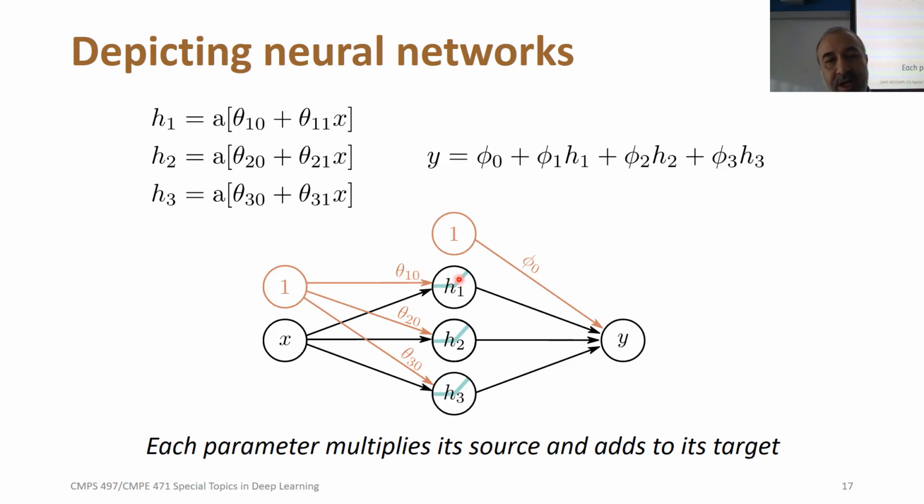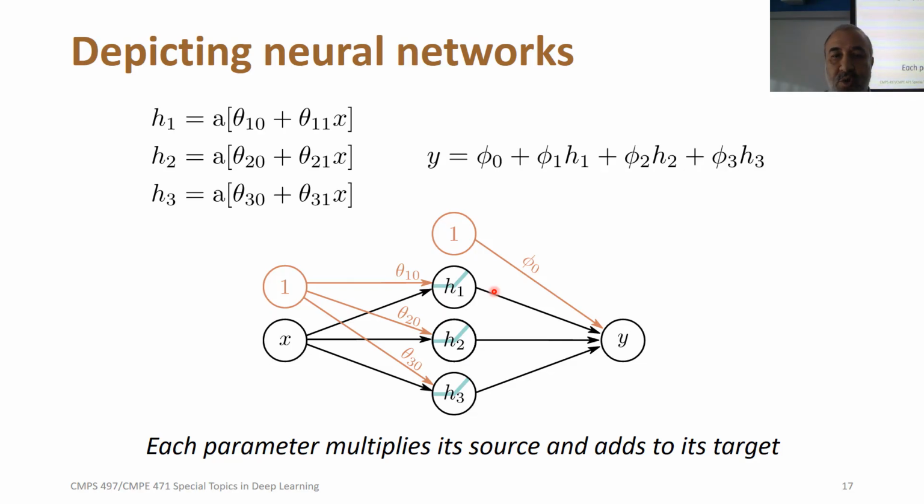Then we apply the activation function. The output of this node, the hidden unit, is the result of applying the activation function to the input. Do you understand this network now, or is it still not clear?